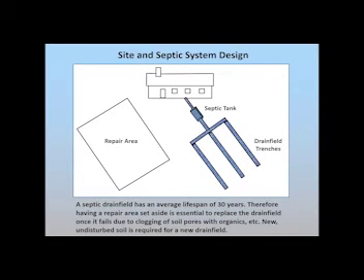Another really important point about septic systems and landscaping plans, developing a plan, is not only knowing where and what type of system you have, but know that that drain field has a life expectancy, averaging about 30 years.